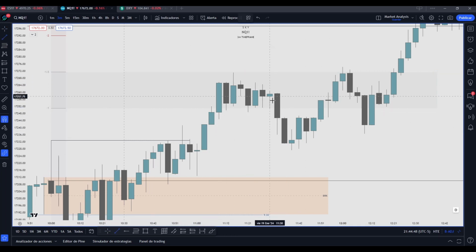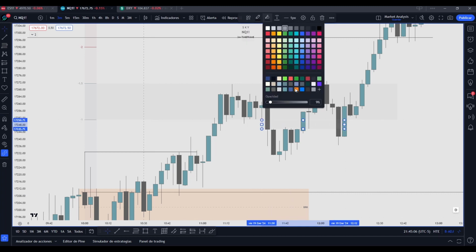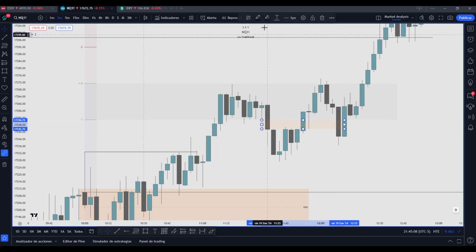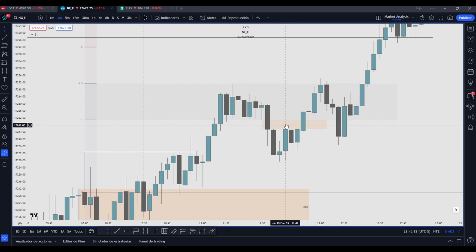Let's search now for an inverse fair value gap. This fair value gap is not inside of our silver bullet zone. We have here an inverse fair value gap. I would probably take the trade here. Why? Because it already holds price here 2 times.